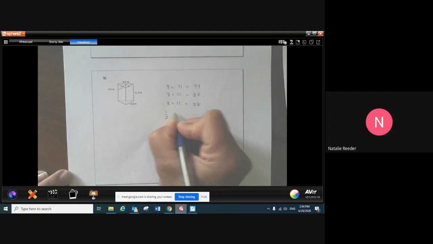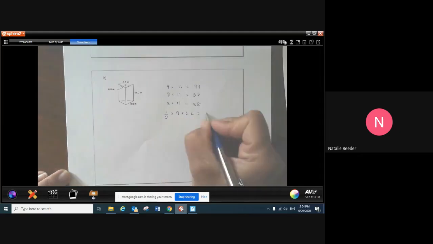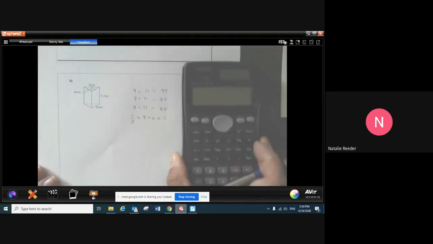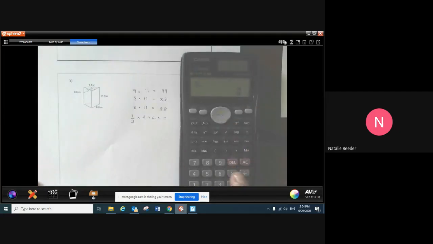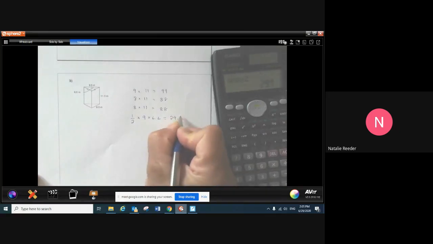Now we need to do the triangular faces. So it's a half times the base times the height. The base of my triangle is 9, and the height is 6.6. All right, so this one, let's figure that out. If I go 9 times 6.6 times a half, or divided by 2, it gives me 29.7.